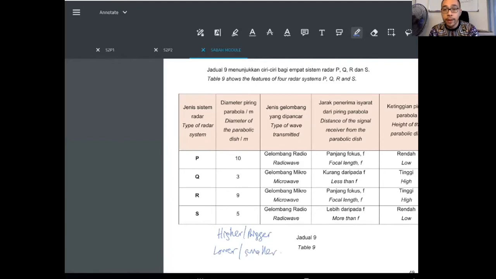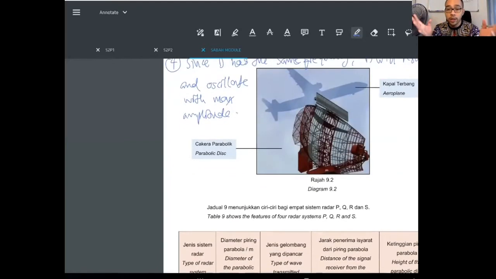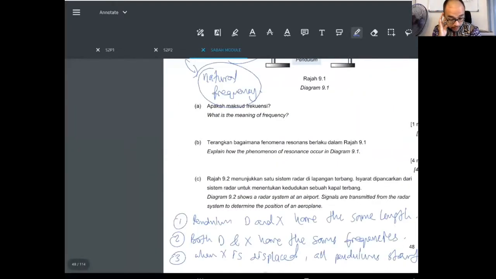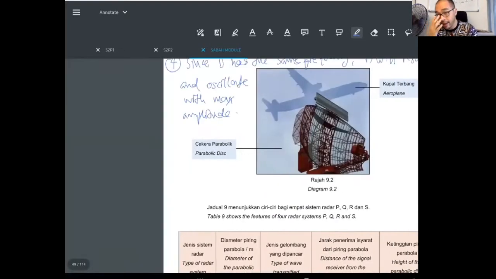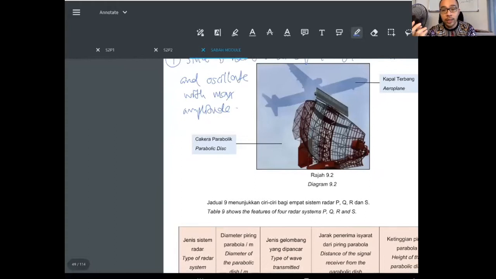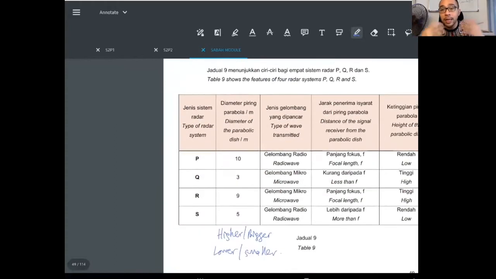So for a parabolic dish, we are using this for an aeroplane, a radar in an airport. We definitely want a large diameter, a higher diameter of parabolic dish. So we are looking at either 10 or 9. You cannot write 10 or 9.